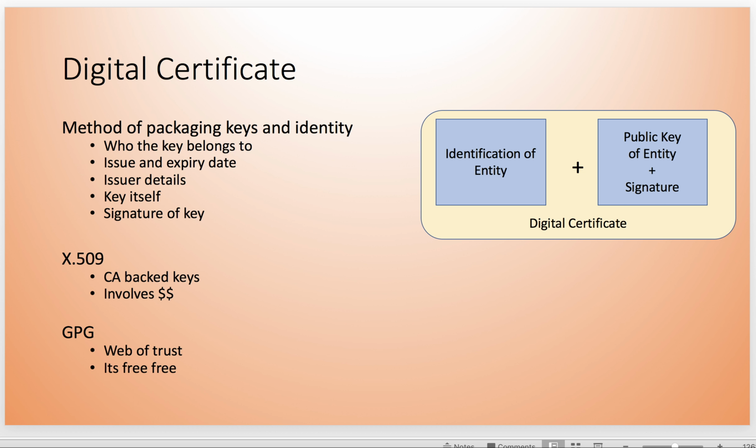Whereas in the case of GPG, it is a web of trust based mechanism where I go to a known person and ask him to sign my keys, so he signs my keys, which means whoever is trusting him starts trusting me. So we build a sort of web of trust there. We'll look at some details of these.